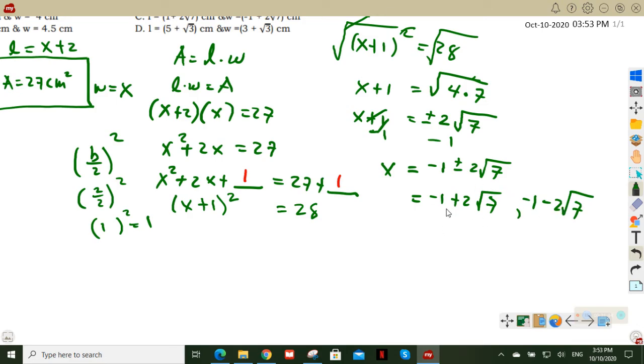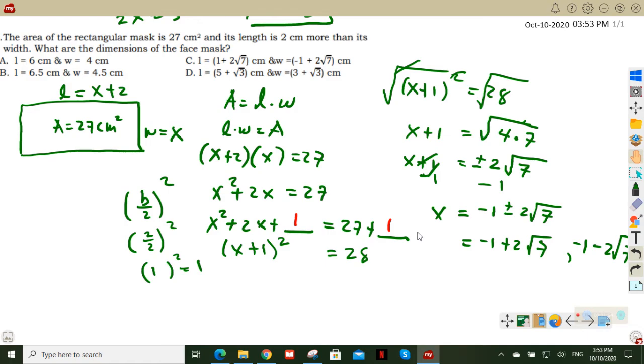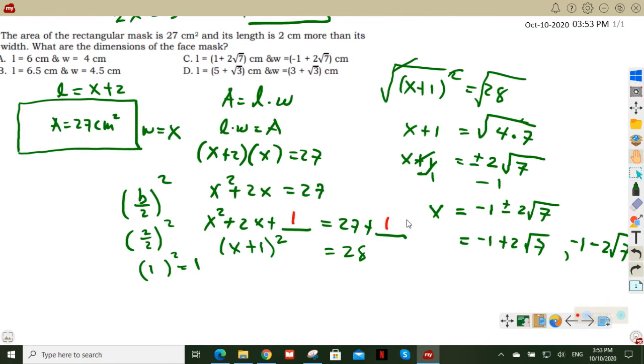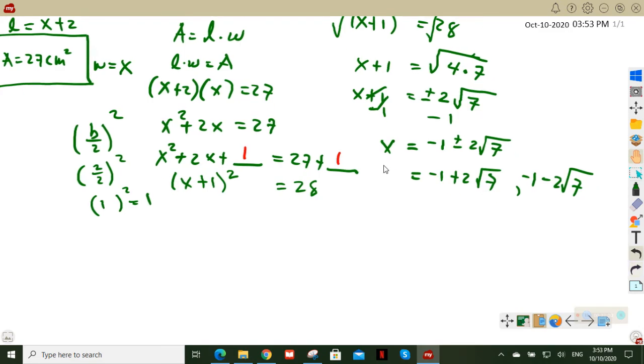Okay, do we have an answer? Let me check. The leading term is positive in the choices, so that means we have to change the leading term into positive.